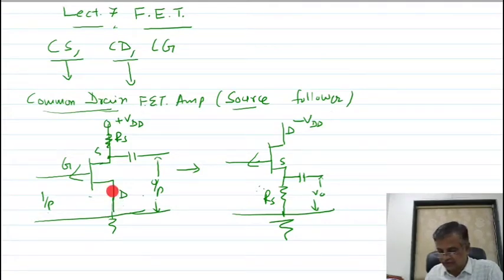Generally you know the drain is common between input and output, that is called common drain, and second, you are taking the output from the source. The same thing I am showing you another way. Here is the plus connection, and this is the minus of the battery, and you are taking the output from this. So these two are the same circuit, so do not get confused if I draw the circuit this way.